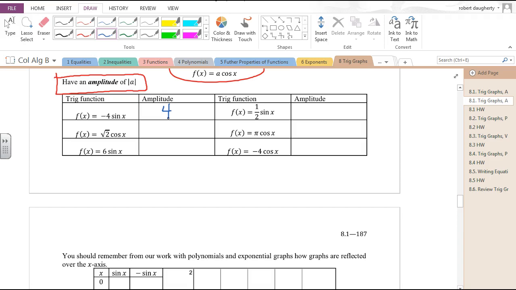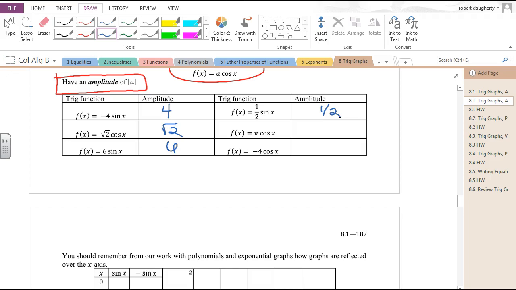What's the amplitude of this next function? Square root of 2, okay? So instead of going up to 1, it's going to go up to square root of 2. What's the amplitude of the next one? 6. You're basically looking at whatever number is in front and writing the positive value of that. Amplitude's always positive. What's the amplitude of the next one? 1/2.